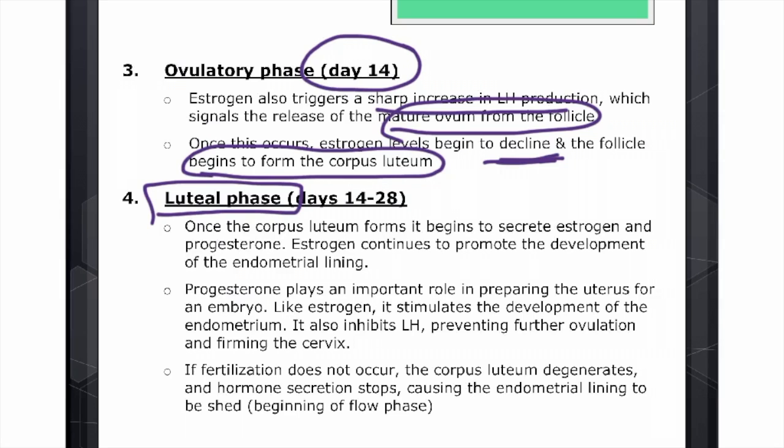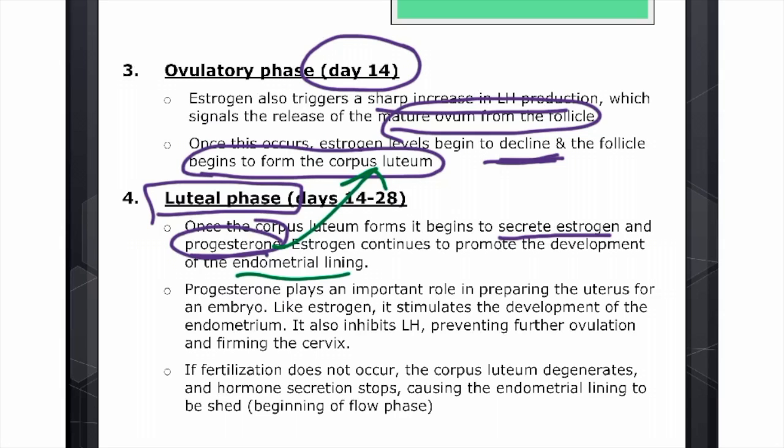So once the corpus luteum forms, it begins to secrete estrogen and progesterone. And we know that progesterone is going to come from our corpus luteum. So estrogen will continue to promote the development of the endometrial lining.